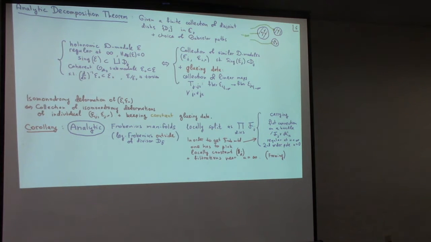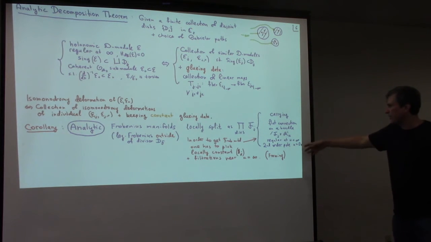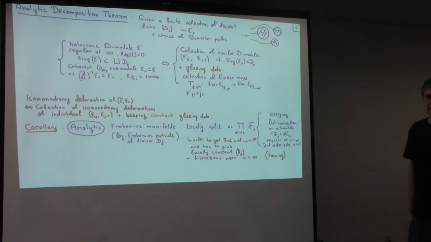And so these individual guys will not be exactly Frobenius manifolds. They carry a flat connection on a bundle, regular at infinity, second order pole, but there's no trivialization at infinity. There's some little piece of data missing.